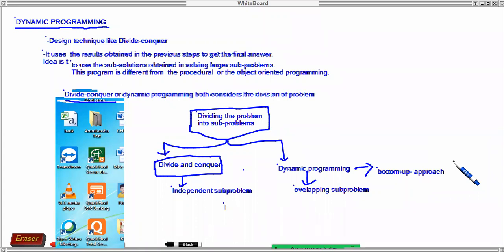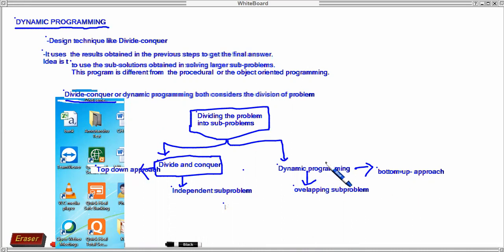Can anybody say? In C++, we use the bottom-up approach in object-oriented programming, but in C, a procedural language, we use the top-down approach.